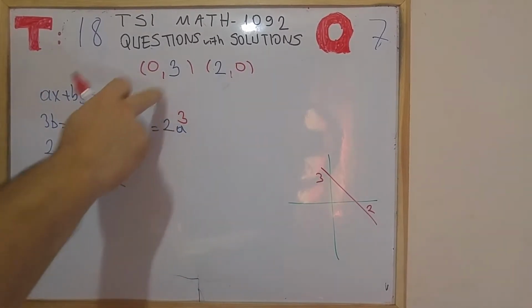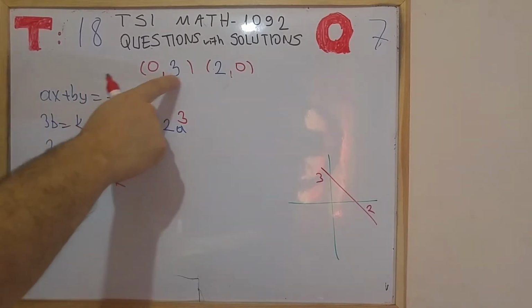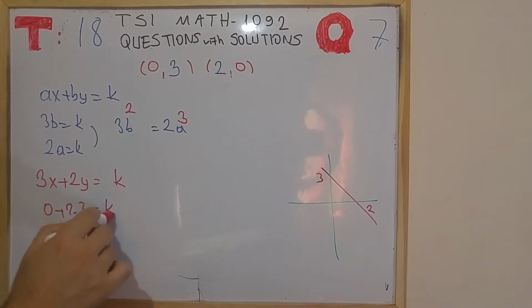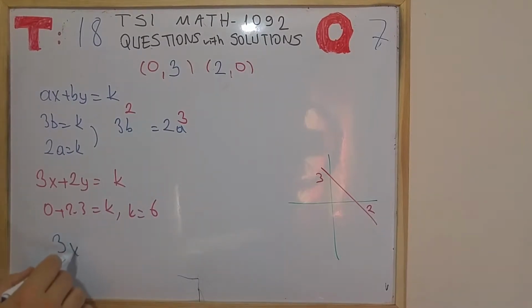For example, I take this point where x is equal to 0 and y is equal to 3. Then this would be 0 plus 2 times 3 would be equal to k, and then k would be equal to 6. So my function would be 3x plus 2y is equal to 6.